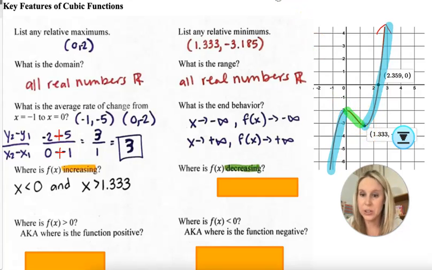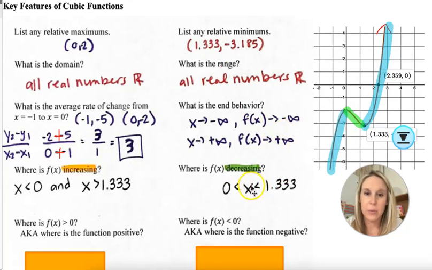Now, since it was between 2 numbers, we need to write between in math. Between in math, we put an x in the middle. It is between the number 0, because that's our x value, all the way to this other x value of 1.333. So increasing and decreasing now looks a little like how we've been writing positive and negative in Module 2.